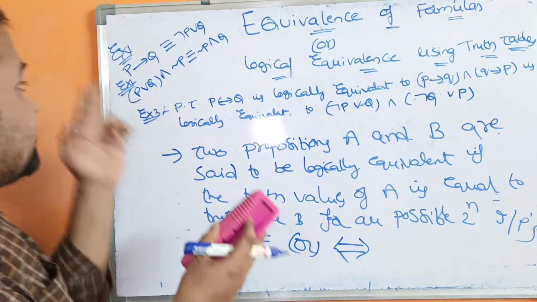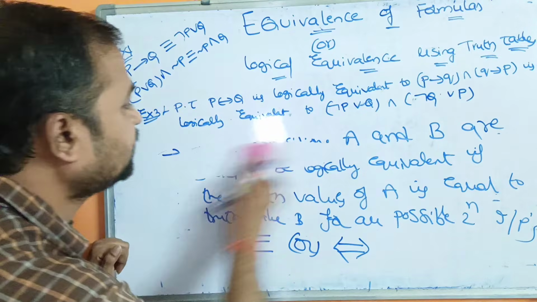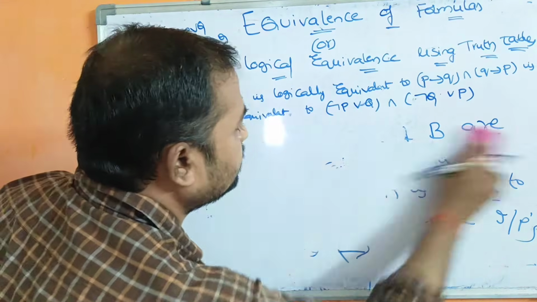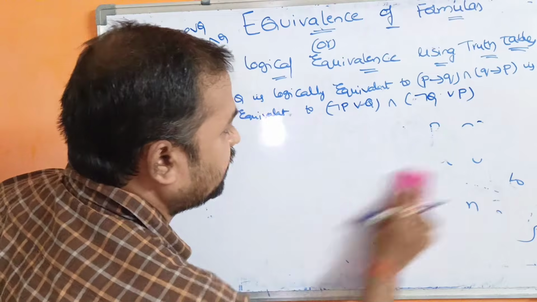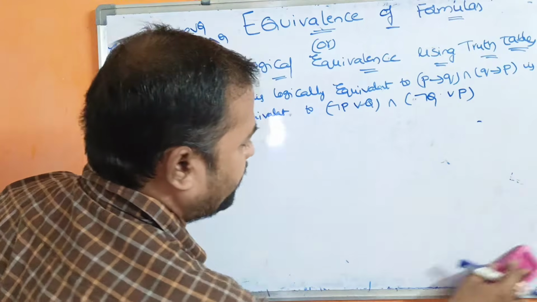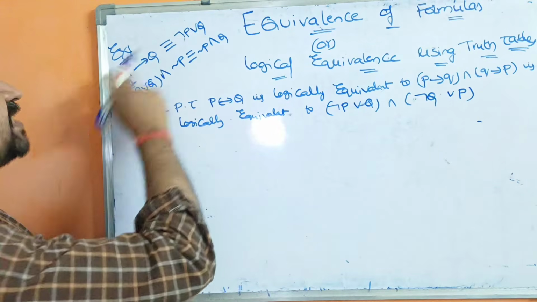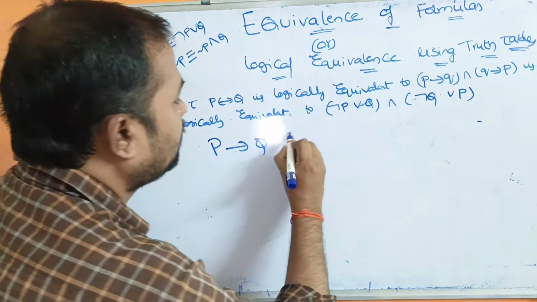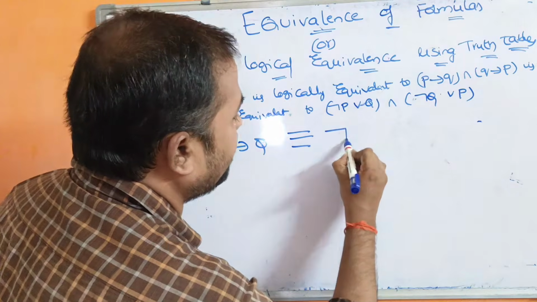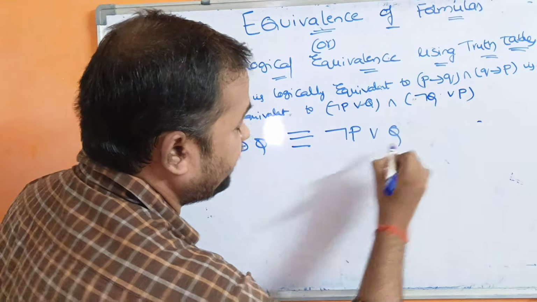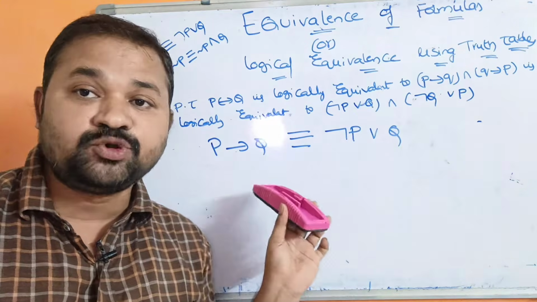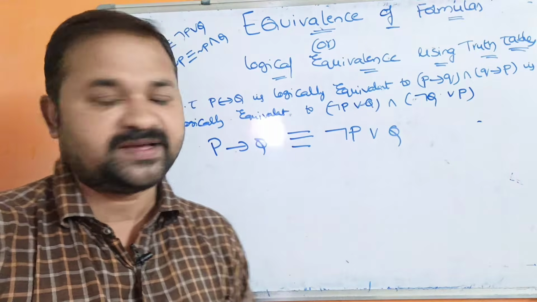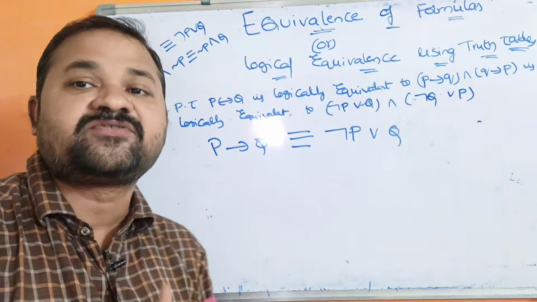Now let us solve these 3 examples. We have to determine whether these 3 problems are logically equivalent or not. Let us see the first problem, example 1: P implies Q is logically equivalent to negation P or Q. We have to show that the proposition P implies Q is logically equivalent to negation P or Q. This symbol is called the equivalence symbol.